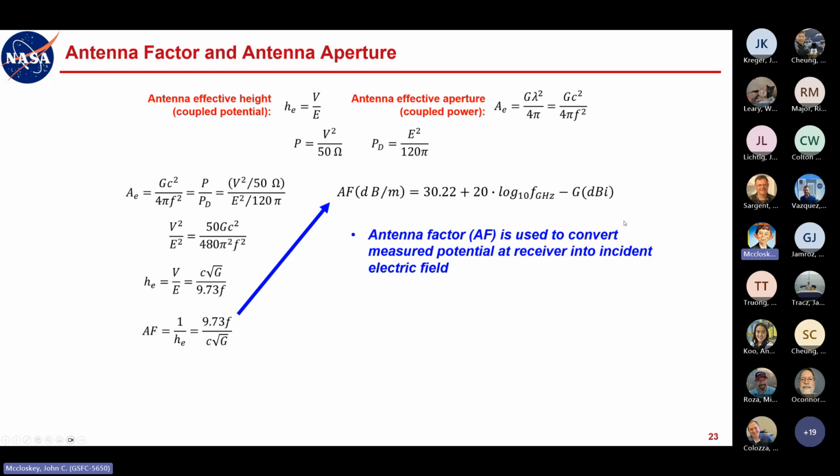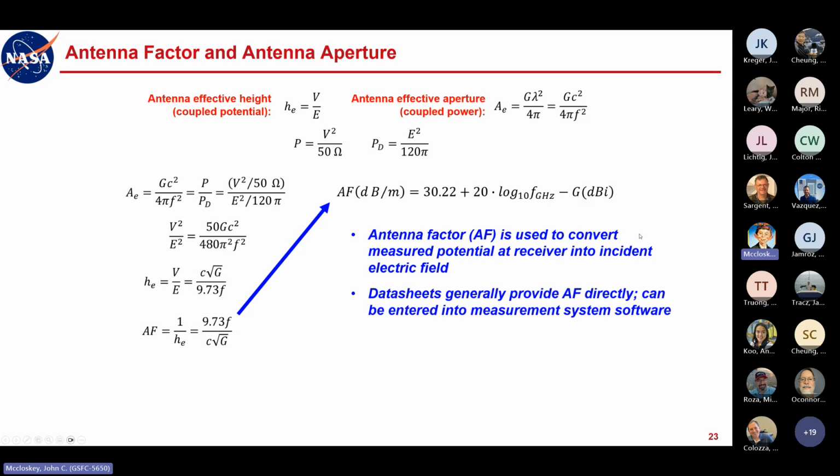Your measurement receiver just knows what potential it is seeing, and then you have to provide that antenna factor to get back to the measured field. Data sheets will generally provide the antenna factor directly, or when you have them calibrated, you should get that factor directly, and that can be entered directly into your measurement system software.